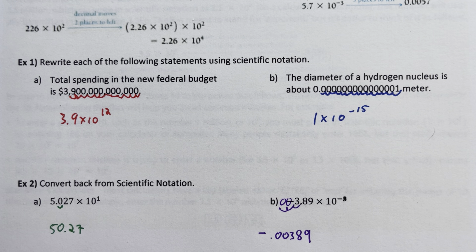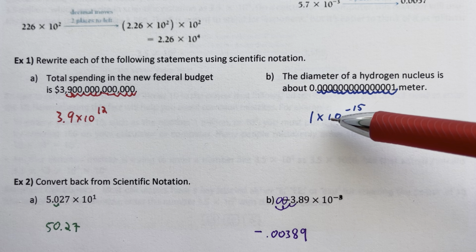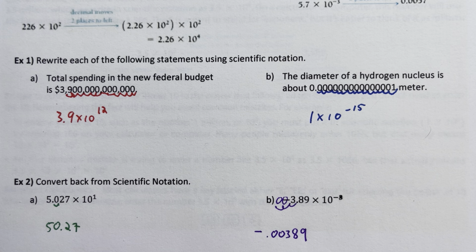Every time there's a comma, it's a group of 3 for our scientific notation. For B, we don't have that luxury. The diameter of a hydrogen nucleus is approximately that. No commas on the decimal, so we're going to have to count. That is 15, because I need it to come to the right of the 1. So 1 times 10 to the negative 15th power.